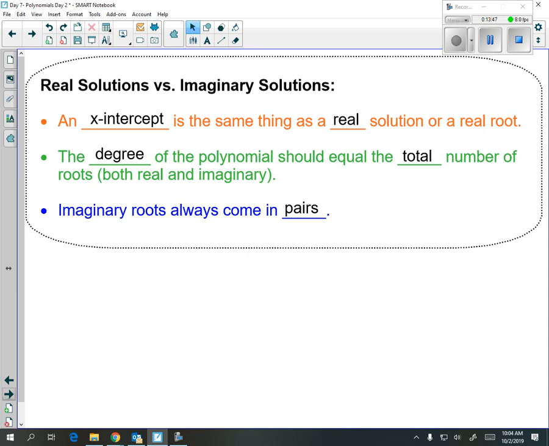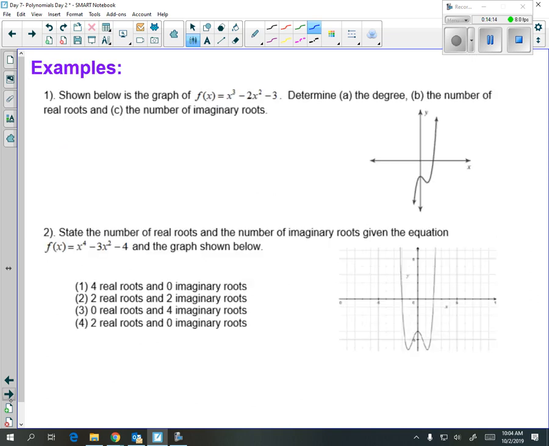That's actually super important because the regents will try to trip you up, saying there's only one imaginary root, and you need to know that's not even possible. There are 2 imaginary roots. There can't be 3 imaginary roots. That's not a pair. It needs to have a buddy. There can be 4 imaginary roots, 6 imaginary roots, 8 imaginary roots. They have to come in pairs. They have to be an even amount of imaginary roots.